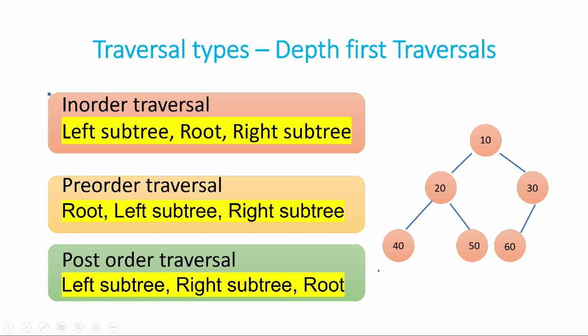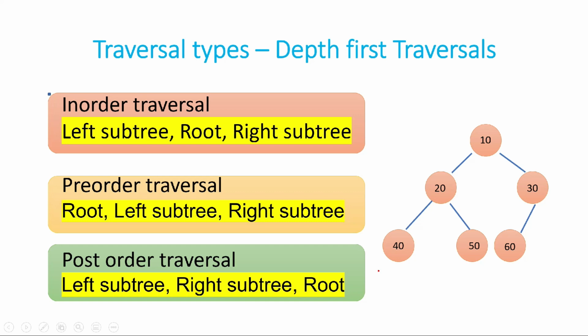Once your complete backtracking is done, you move back to the root, and that time you print it. So that's the difference: whether you access the value at the start of the traversal, during the backtracking, or at the end of the backtracking makes the three types of traversals: inorder, preorder, and postorder.